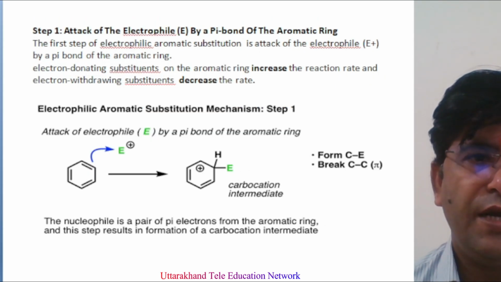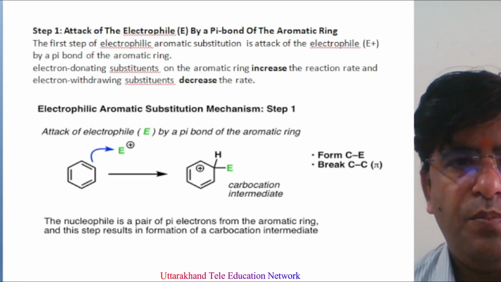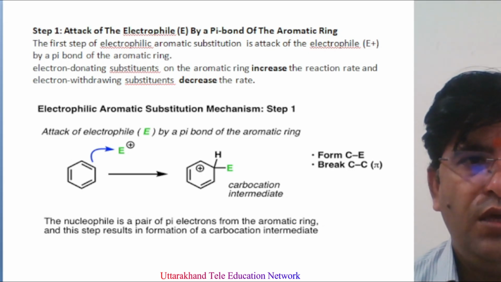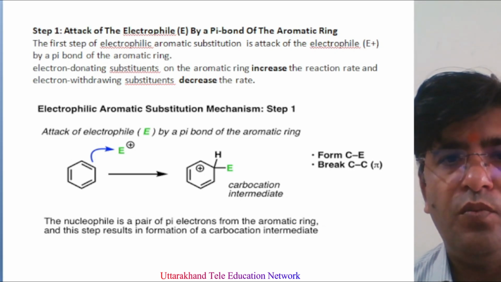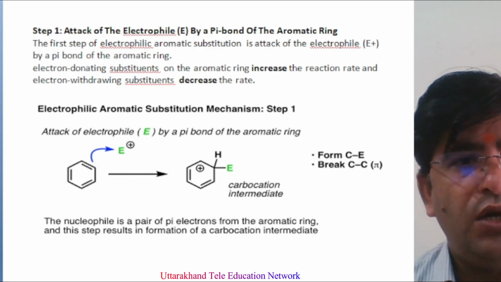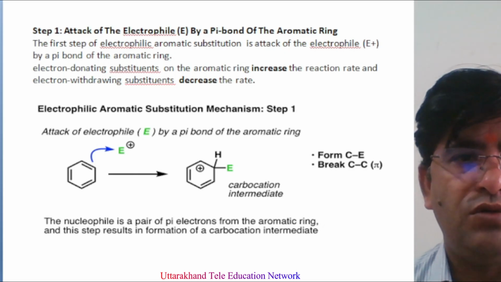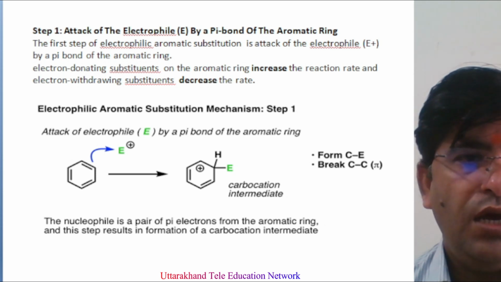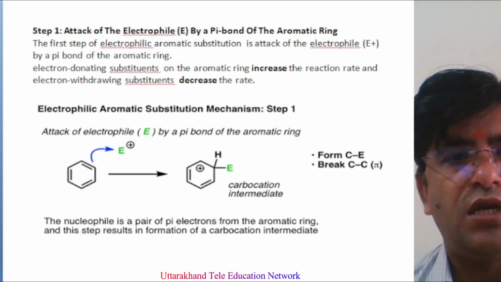Step one: attack of the electrophile by a pi bond on the aromatic ring. The first step of electrophilic aromatic substitution is the attack of the electrophile E+ by the pi bond of the aromatic ring. Electron donating substituents on the aromatic ring increase the reaction rate, and electron withdrawing substituents decrease the rate of reaction.